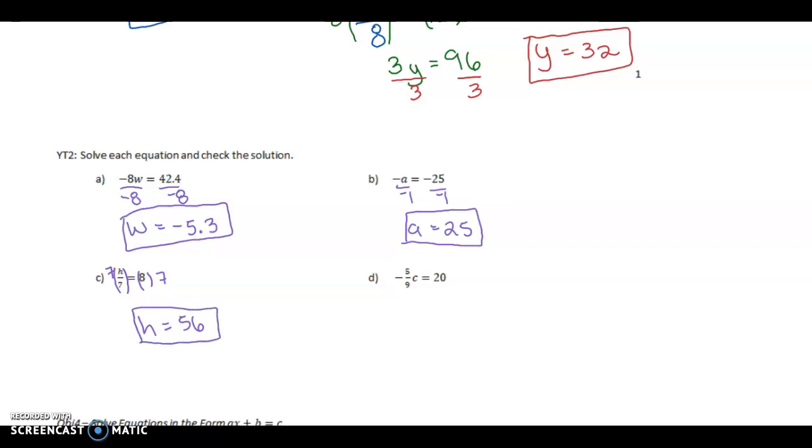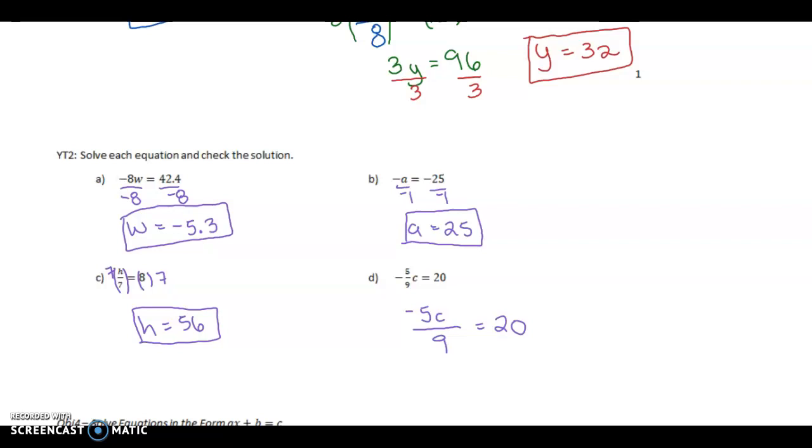And on the last one here, we have negative 5 over 9c. I'm going to write that as negative 5c, all on the top, divided by 9 on the bottom. I think we talked about that in class as well. Put the negative up top with the numerator, and you can also put the variable up top with the numerator.